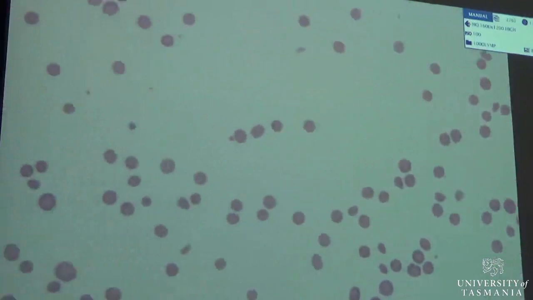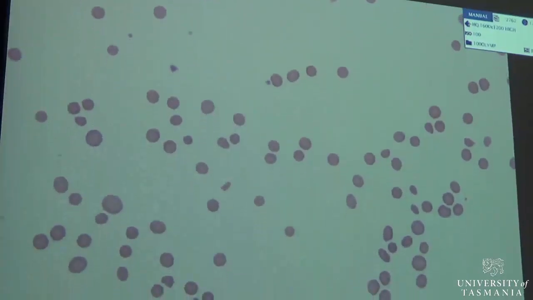Okay, so again, the first thing that strikes you is the fact that we have so few cells, and look at that difference in the size of the cells. So that's quite a significant anisocytosis that we've got there. And we look at the RDW and it's 24%. And I can quite understand why. We've got some whopper cells there.